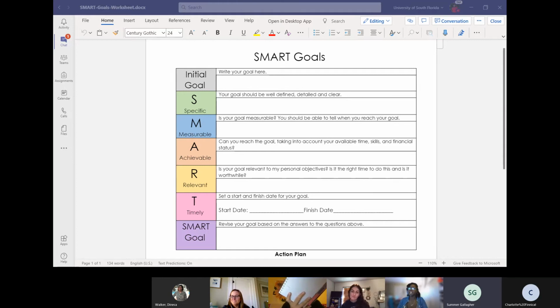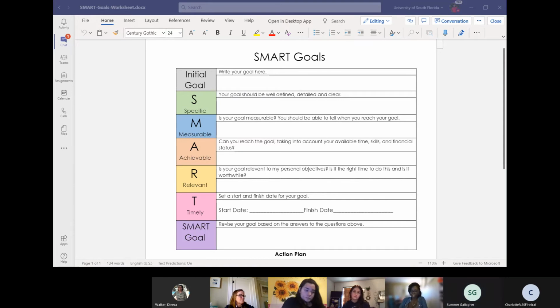So your goal this semester is to be more organized and on top of your things, if I'm correct. Yeah. Okay. And so, how detailed and clear is that? So specifically, that's your S. How is it measurable?